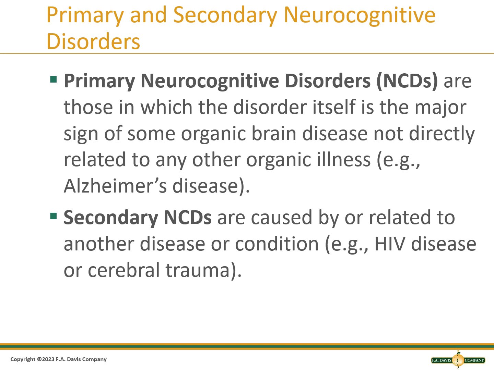Primary are ones that are caused by some brain disease, not directly related to any other organic disorder. Secondary are neurocognitive disorders that are caused or related to another disease or condition. It could be cerebral trauma, arterial sclerosis in the brain, HIV disease in the brain.